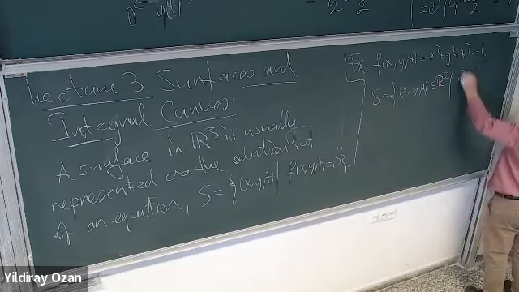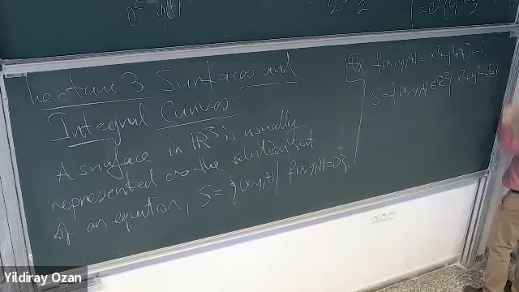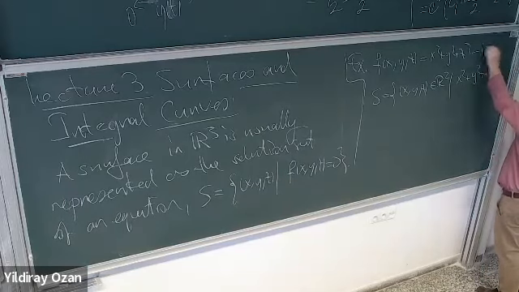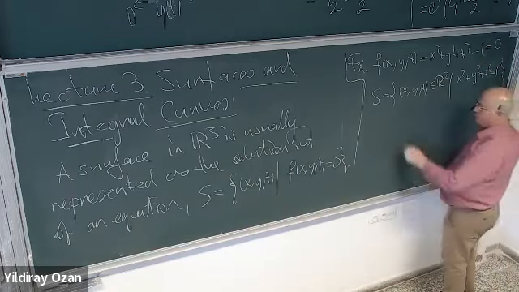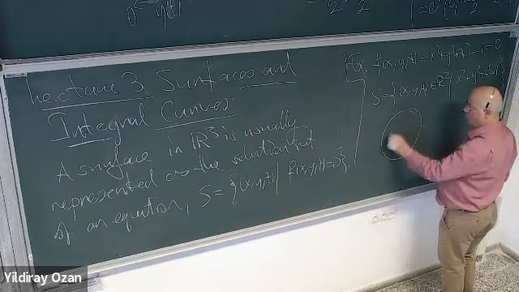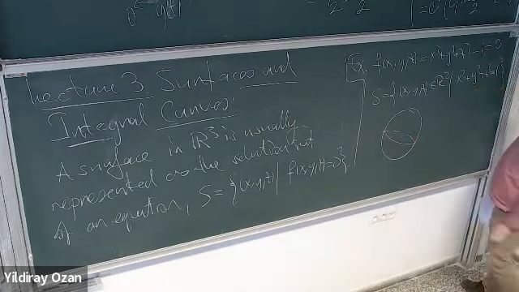But that is just x squared plus y squared plus z squared equals 1, right? This is equal to 0 means x squared plus y squared plus z squared is equal to 1. So this is just the unit sphere, right?